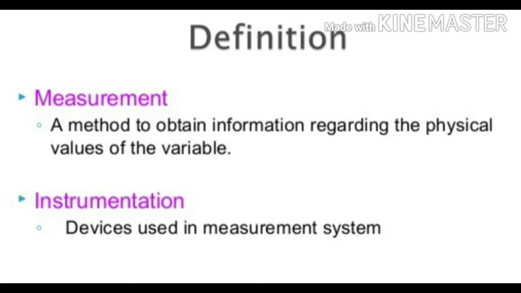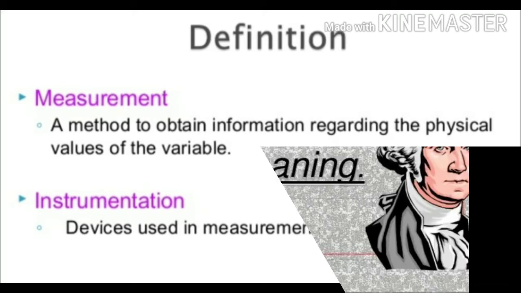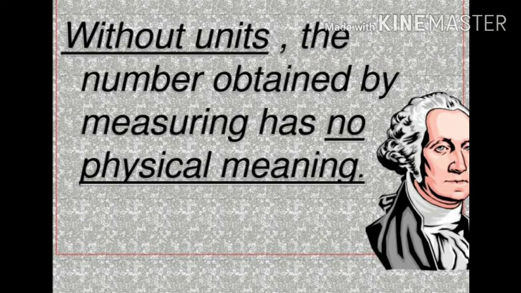So throughout the measurement process, we try to find out the physical values of the variable, that is quantity under measurement. Whereas instrument is a mechanism or the devices which we are using to obtain the physical values of the variable. So a device or mechanism used in measurement system is nothing but an instrument or instrumentation.